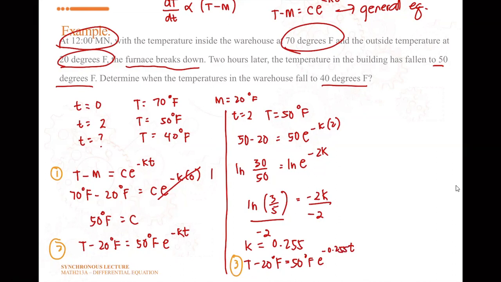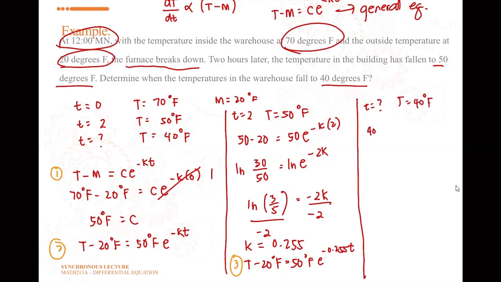Okay, so tinatanong ngayon is yung last condition natin, kailan siya magiging 40 degrees Fahrenheit. So, T is equals to unknown. T is equals to 40 degrees Fahrenheit.